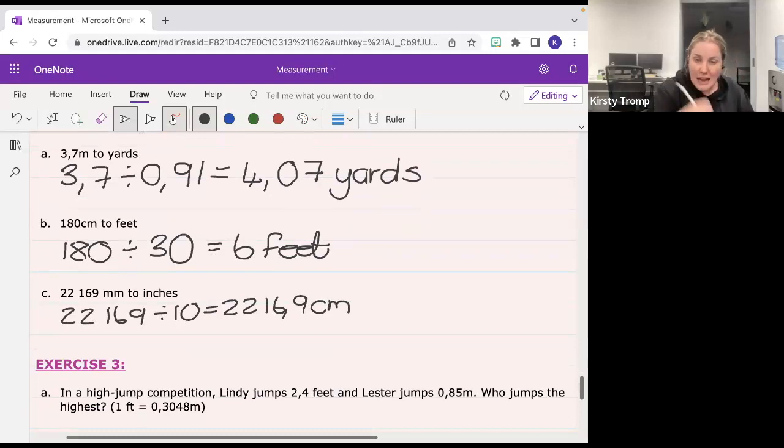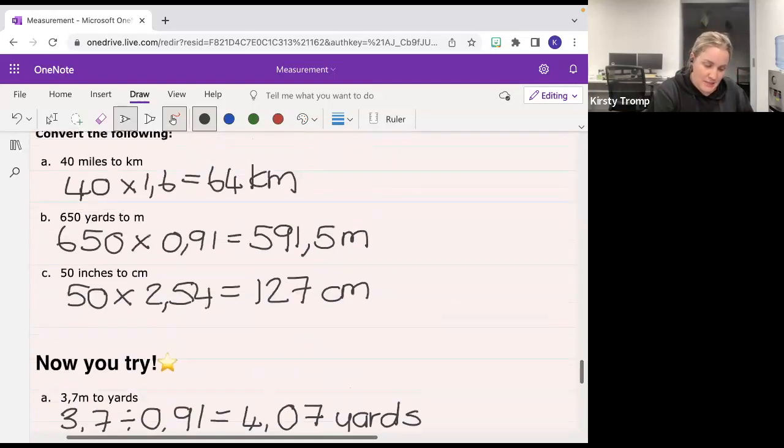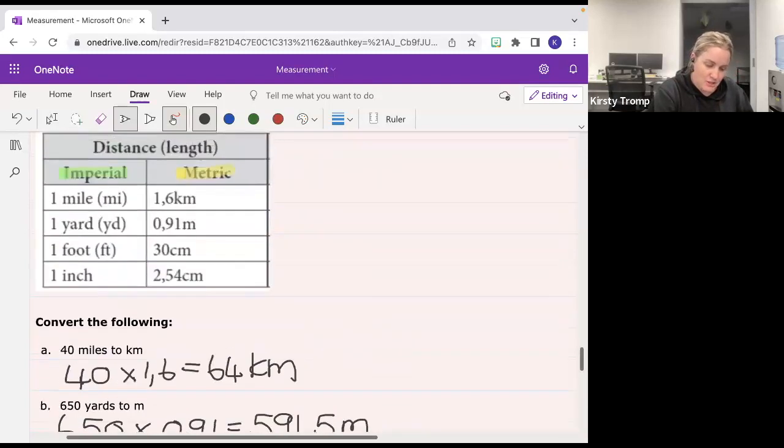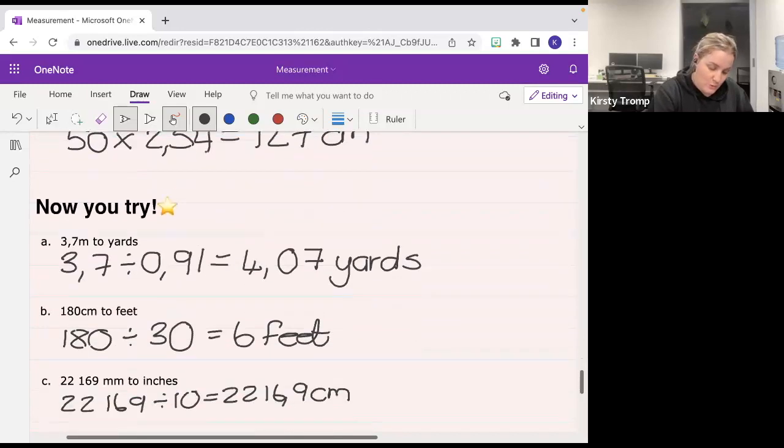centimeters. Now that I've got it in centimeters, now what can I do? Now I can convert it to inches. So to get from centimeters to inches, what do I need to do? I need to divide by 2.54.